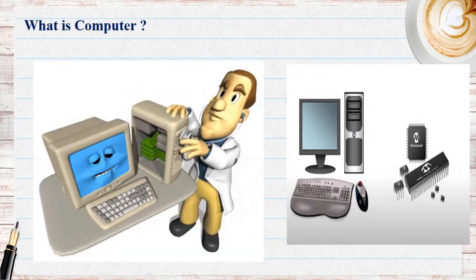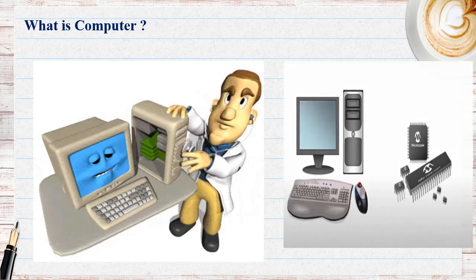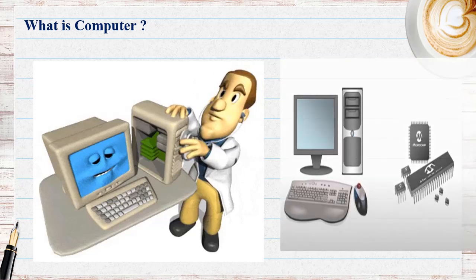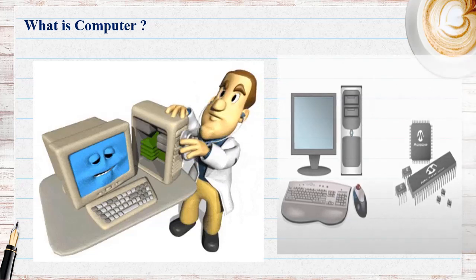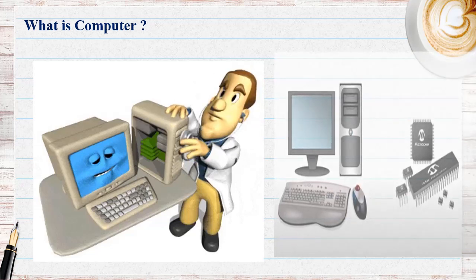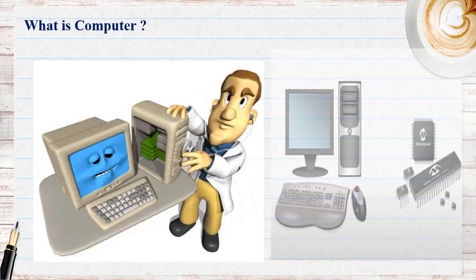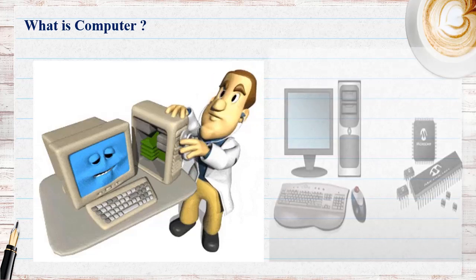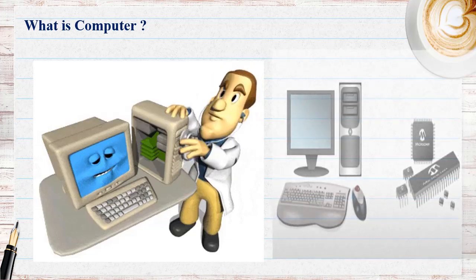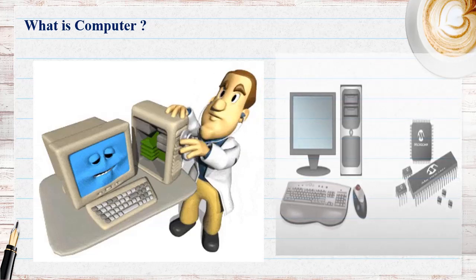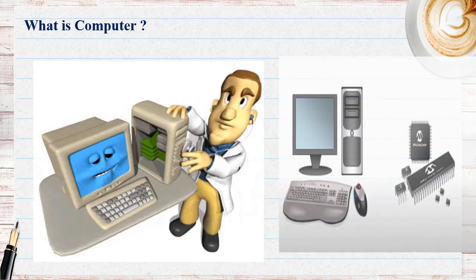Let's see what a computer is. A computer is a system that has the following three components. A microprocessor. A large memory of two kinds. One is primary memory, or semiconductor memories. They are RAM, ROM, and fast accessible caches.